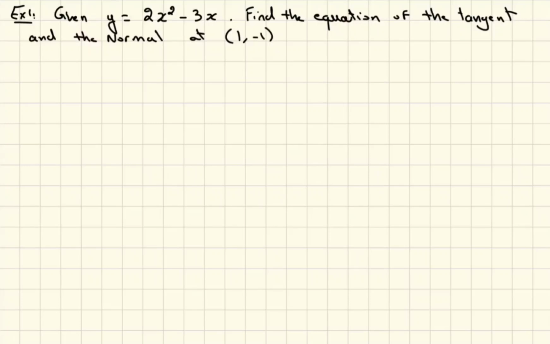Now, instead of giving you (1, -1), they can give you only x equals 1, and you are supposed to find the y value.